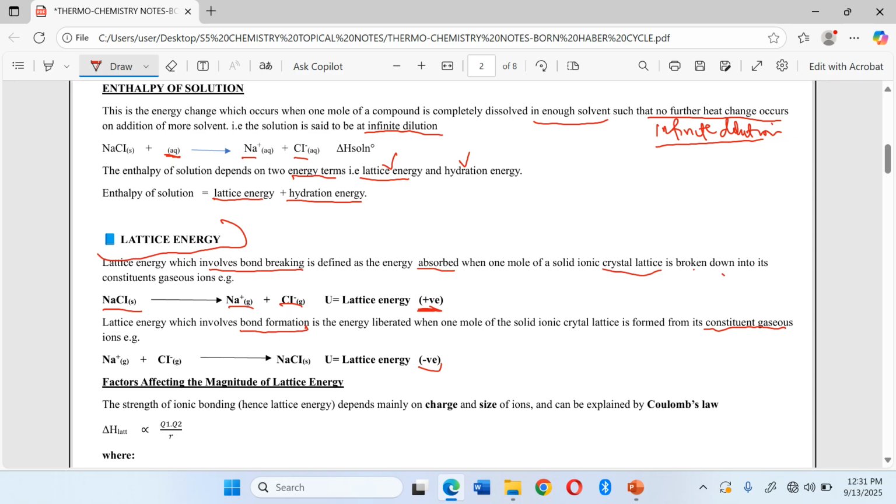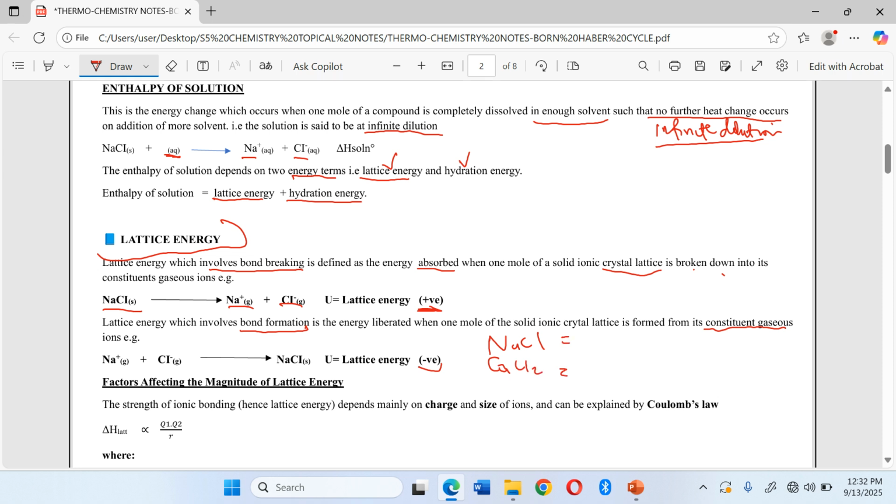Now the question is, what are the factors that affect the magnitude? We have seen that a given ionic compound has its lattice energy, and another ionic compound has its own lattice energy. For example, sodium chloride has a different lattice energy compared to calcium chloride.